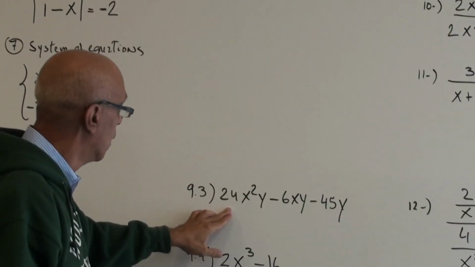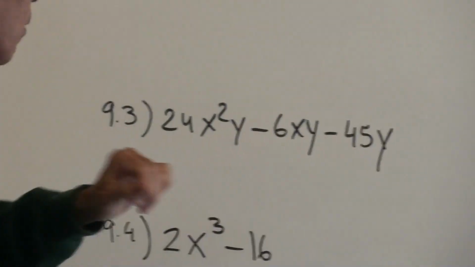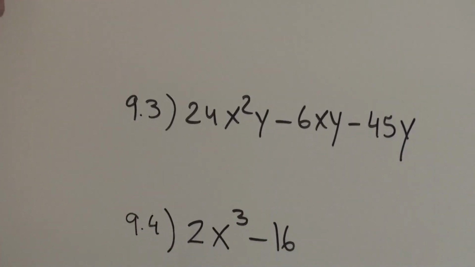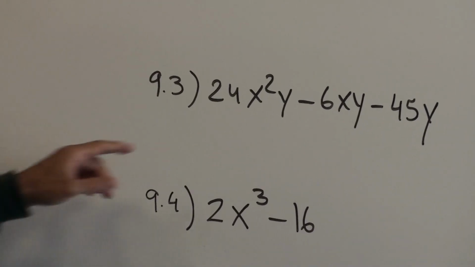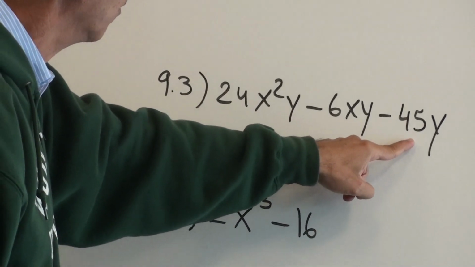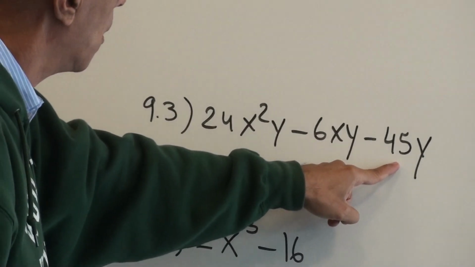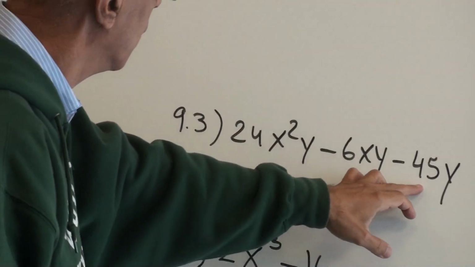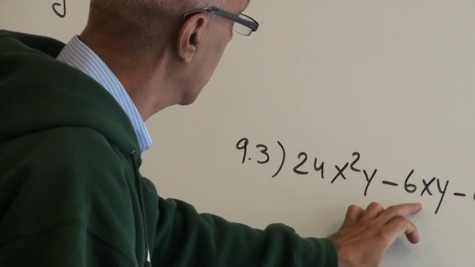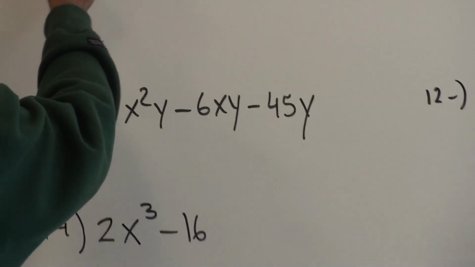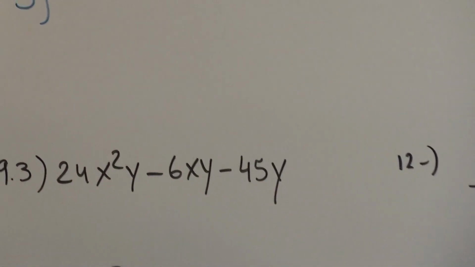Okay, let's look at this one: 24, 6, and 45. And I see y, and y is a common term, so I can extract that out. Can I extract 6? Not really, because this is 45. Yeah, maybe 3. I can extract 3 out of here, 3 and y, because y is common in every term.